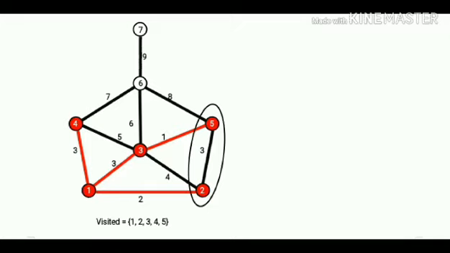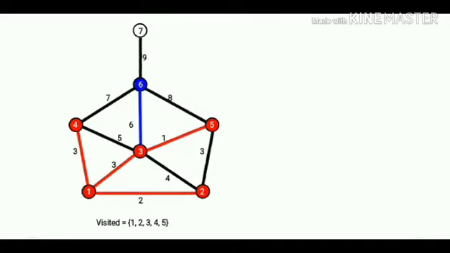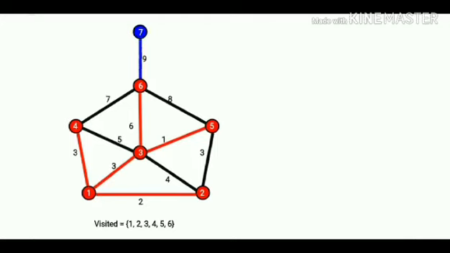Instead, we proceed to other adjacent edges and nodes reachable from 3. In this case, we pick 6, since it has the least weight. The unvisited node remaining is 7, so we add 7 to the MST.